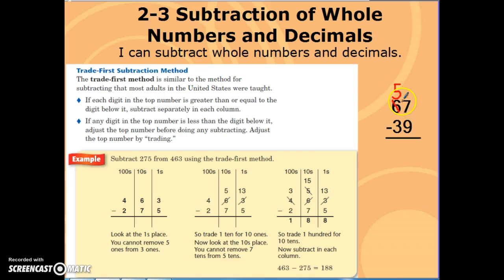I'm going to add that 10 on to my 7. So my 7 is now 7 plus 10, or 17. Now I can subtract. 17 minus 9 is 8. 5 minus 3 is 2. And so I get my answer using that trade first subtraction method.